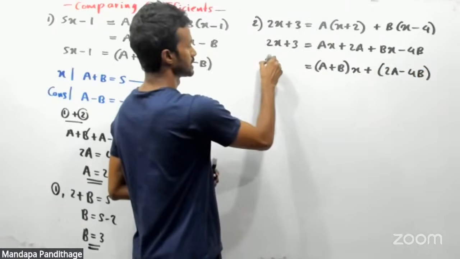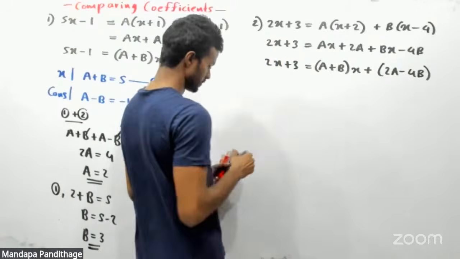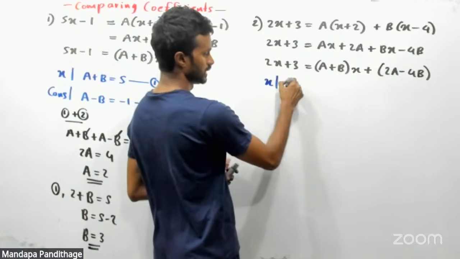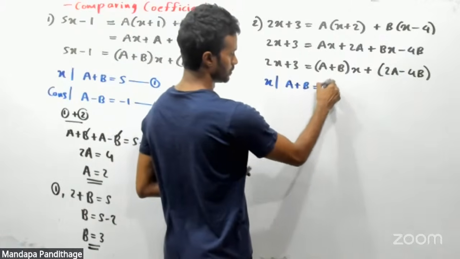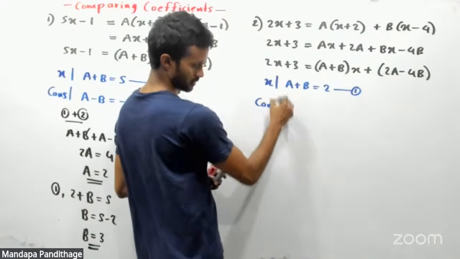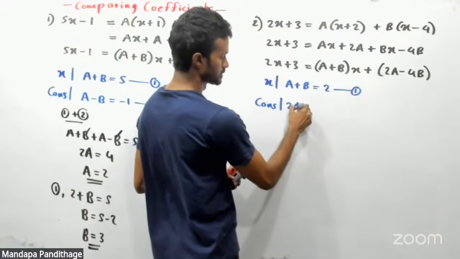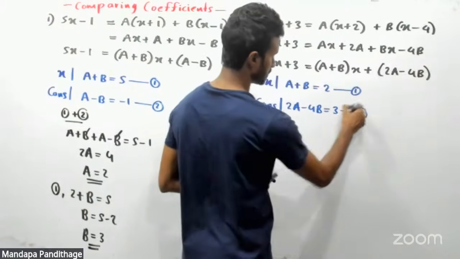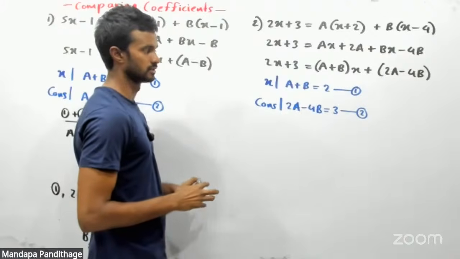You might get fractions, that is fine. So then when you equate the x term, here we have a plus b is equal to 2, that is the first one. And then if you consider the constant, you have 2a minus 4b is equal to 3.